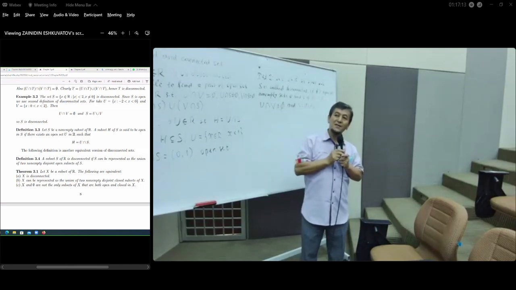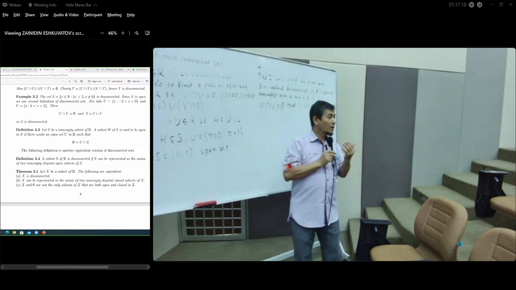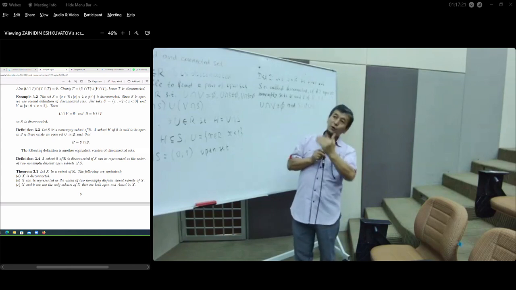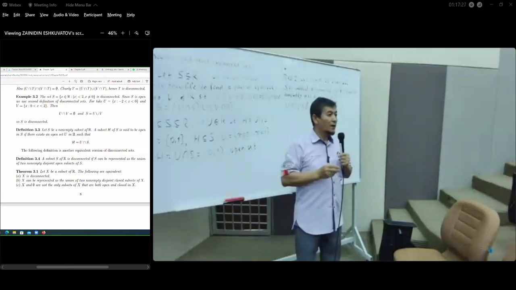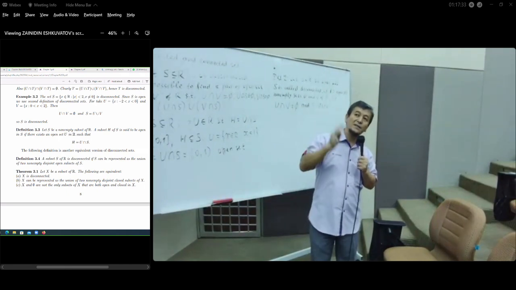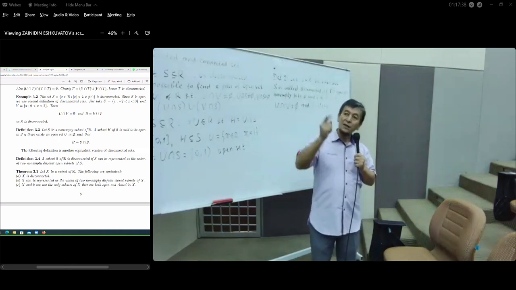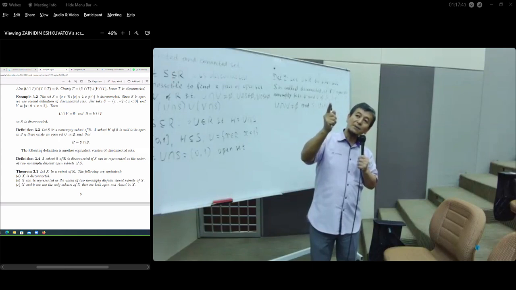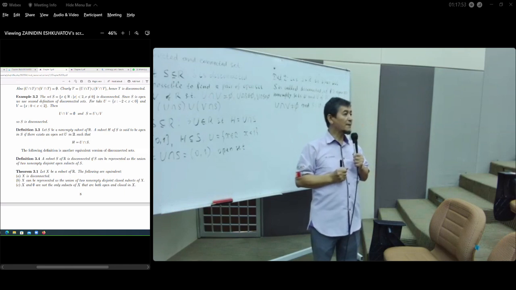Actually, this theorem surprised me because in the proof you will see three equivalent statements. Here S is changed to X, a subset of R. The following are equivalent: X is disconnected; X can be represented as a union of non-empty disjoint closed subsets of X. You see, closed, not open.